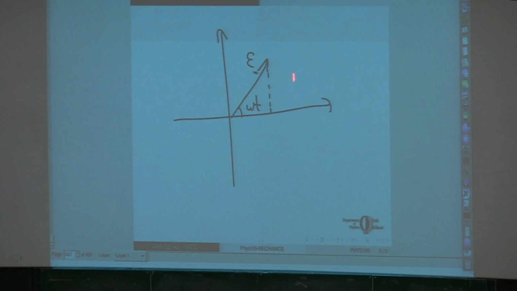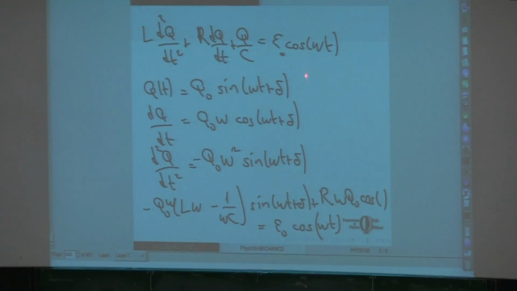But here I have some vector. Let's say this is the x, this is the y, and the horizontal component of this vector is nothing but epsilon 0 cosine omega t. So this tells me that I can think of this quantity as one of the components of a vector.